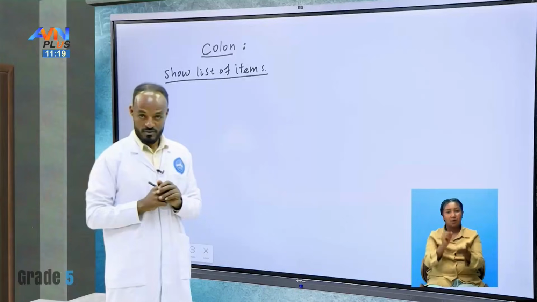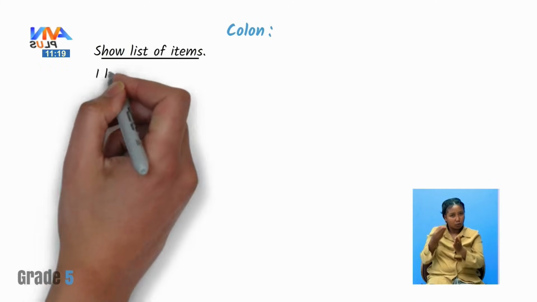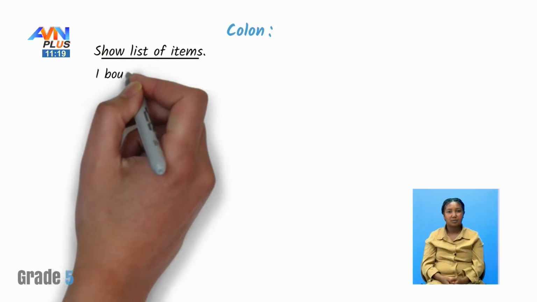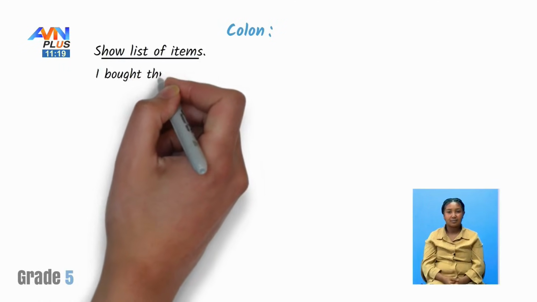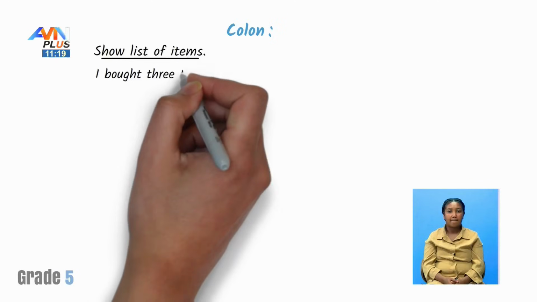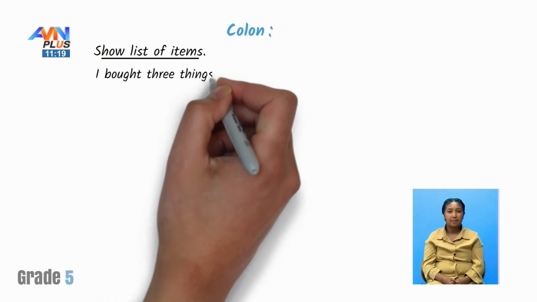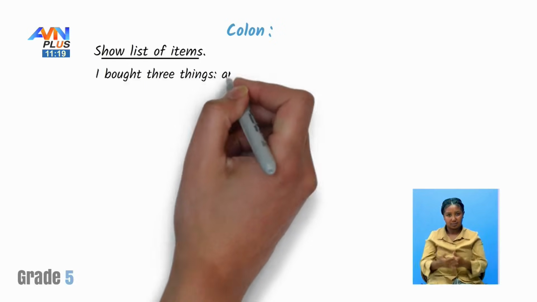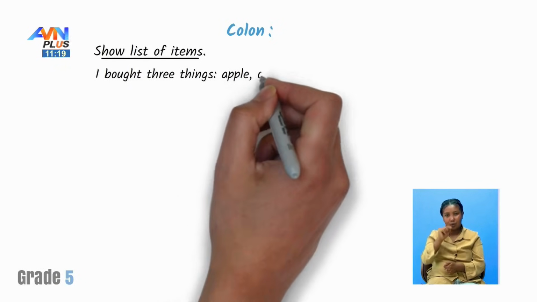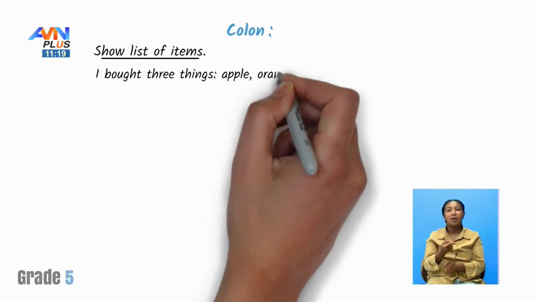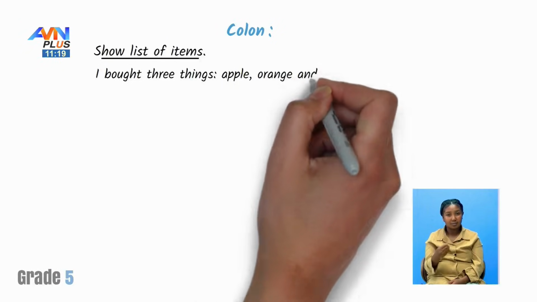For example, I bought 3 things: apple, orange, and mango.